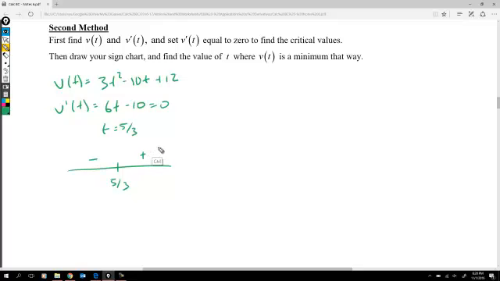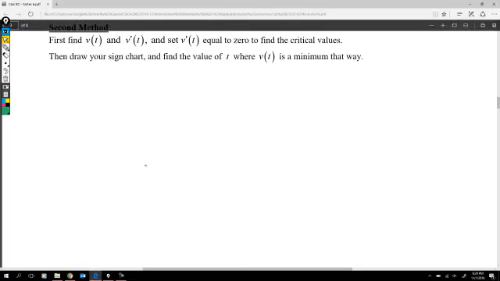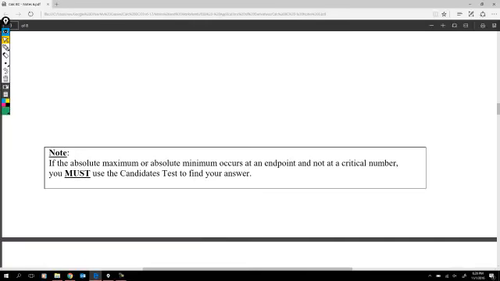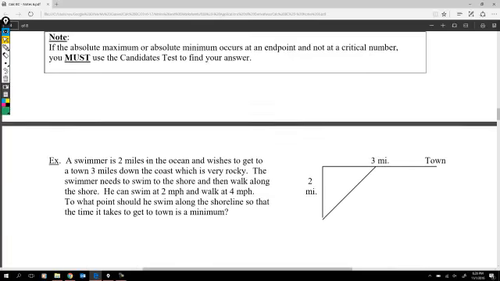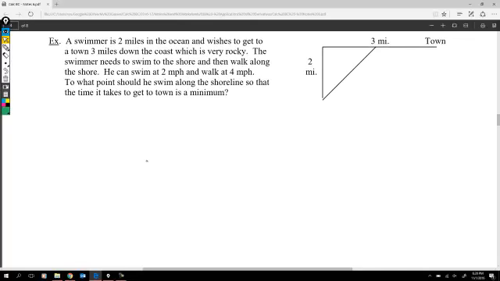Hypothetically, if I wanted to find a maximum, this second method definitely would not work because there is no maximum on this interval. The reason this worked is because I knew there was only one minimum on this interval, and I just needed to find it. This is saying that if the absolute max or min occurs at an endpoint, you have to do the candidates test. So in general, the candidates test is a better way to do these problems.